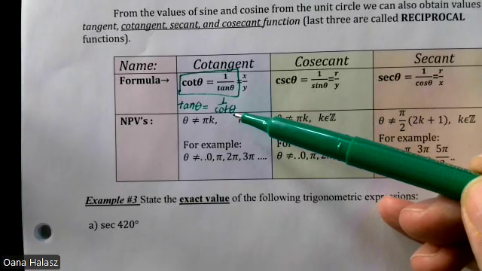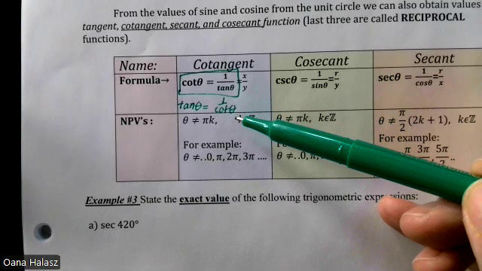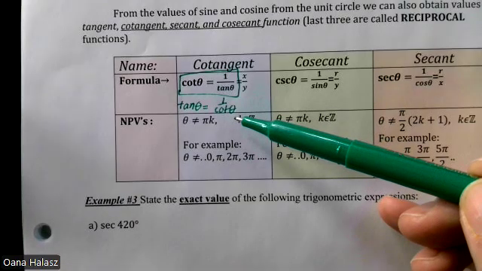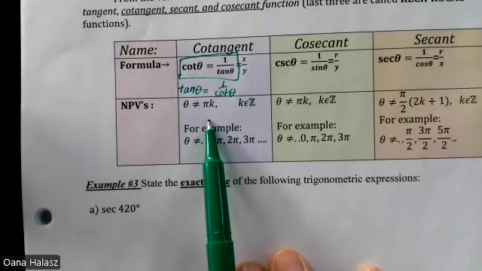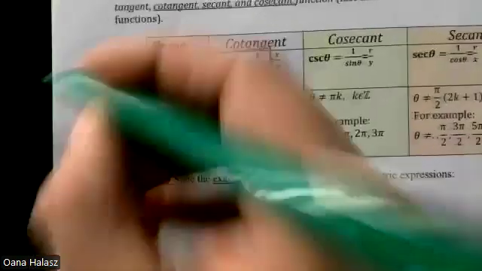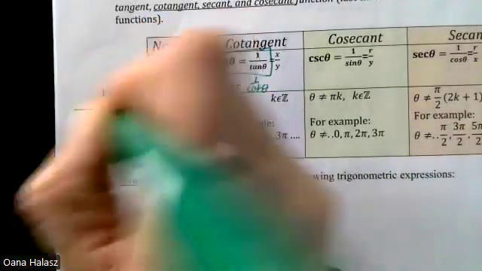And we know we cannot divide by 0. And the tangent values are going to be 0 at 0, pi, 2 pi, so all of the multiples of pi. As a formula, we can say multiple of pi k, where k belongs to Z because that counts every single multiple of pi.